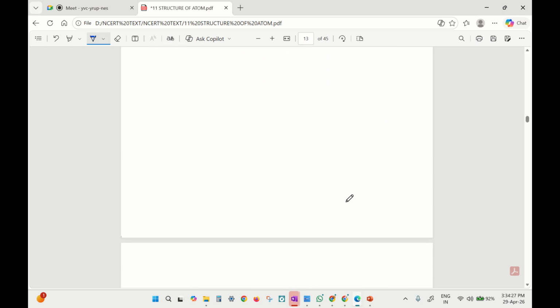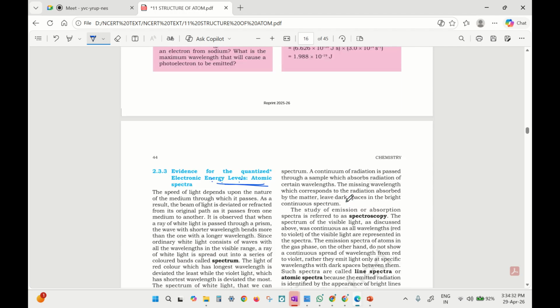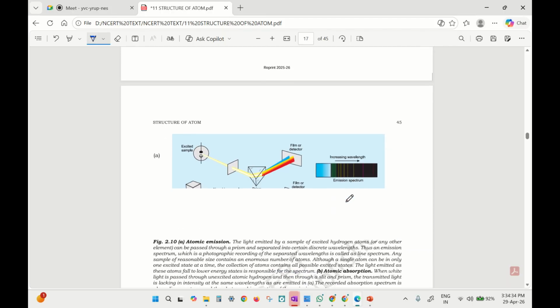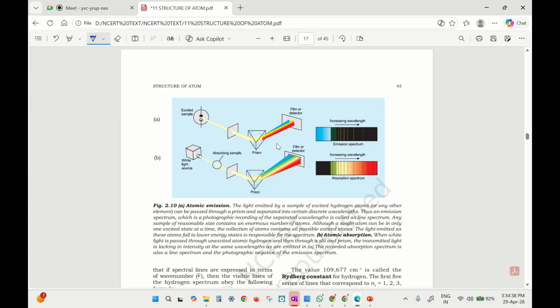I'll show you diagrammatically. This is not the full picture. Can you see that this looks exactly like the negative of this? First analyze this part.